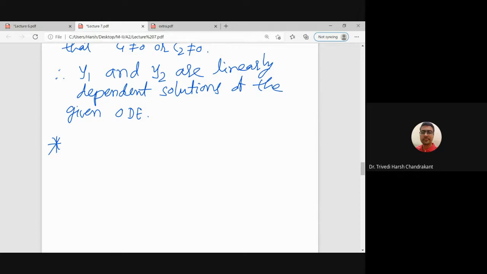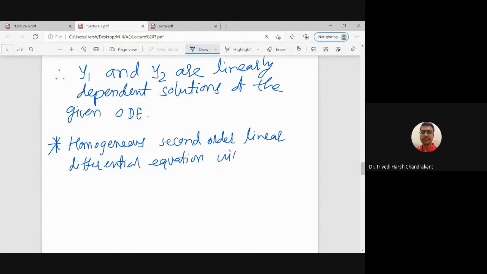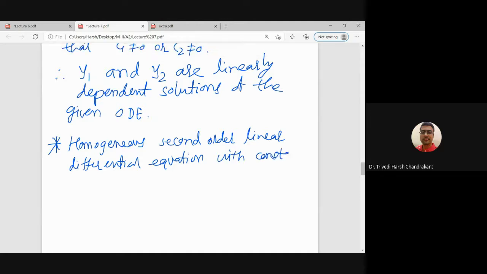So let us discuss one method for when we have a homogeneous second order linear differential equation with constant coefficients.